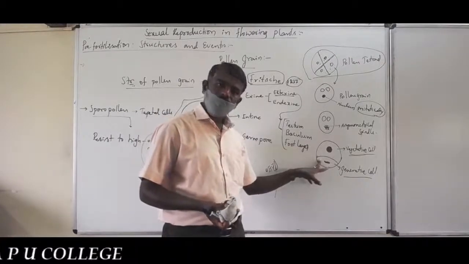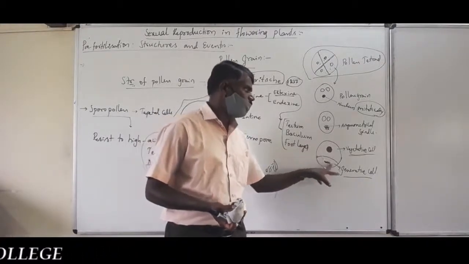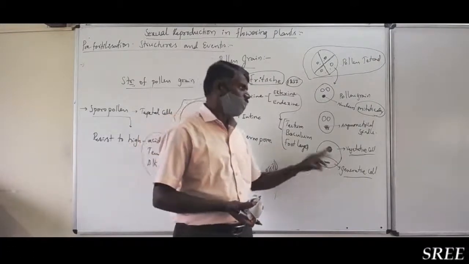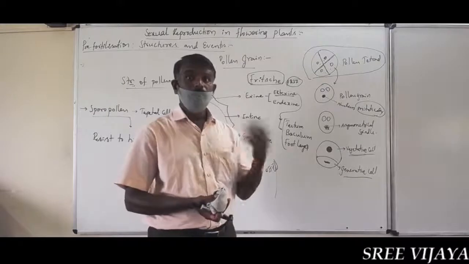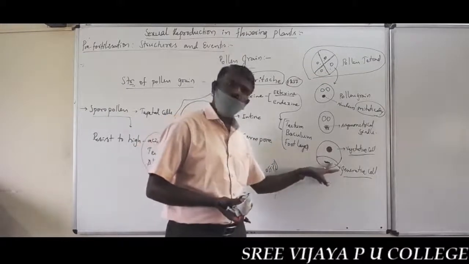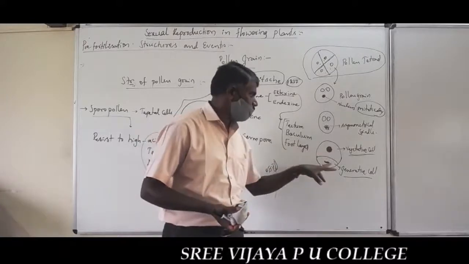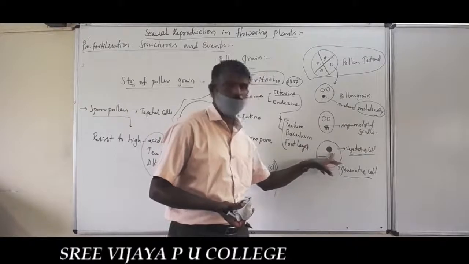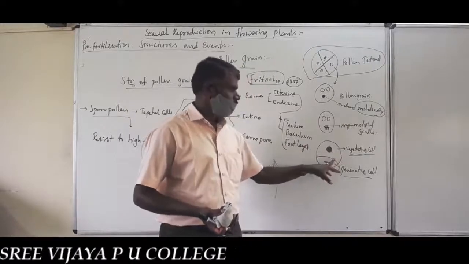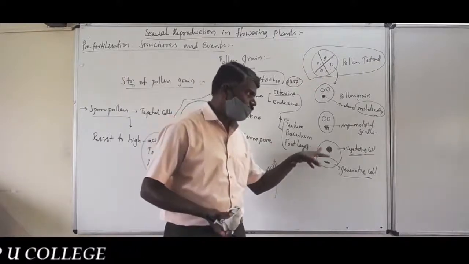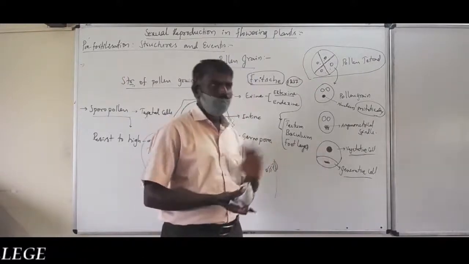The generative cell is primitively attached to the wall of the vegetative cell, but later, when the pollen grain is completely matured, the generative cell is in a floating condition in the cytoplasm of the vegetative cell.